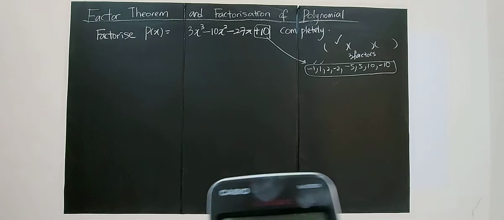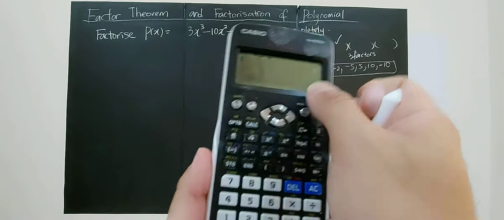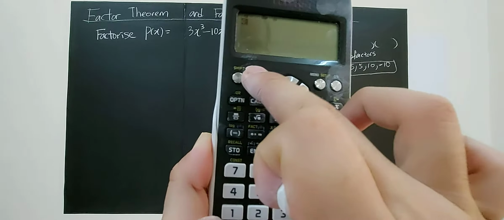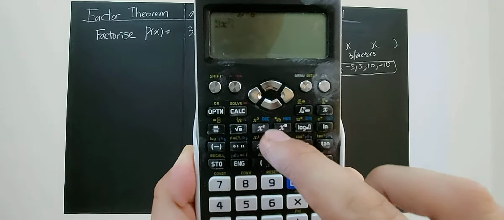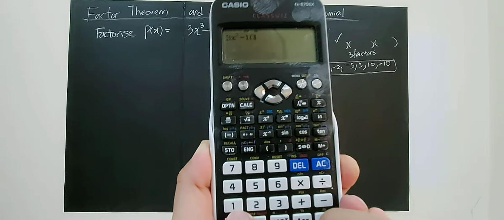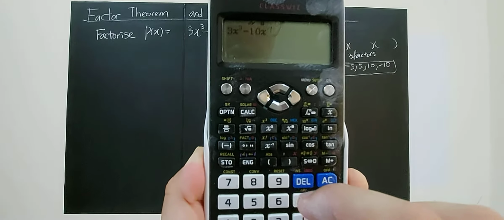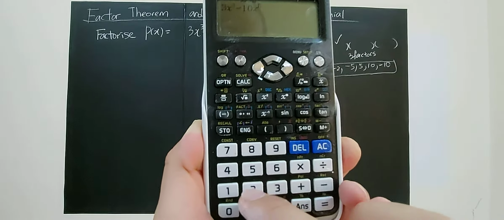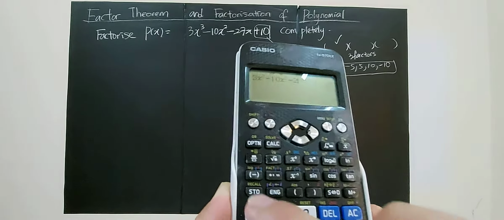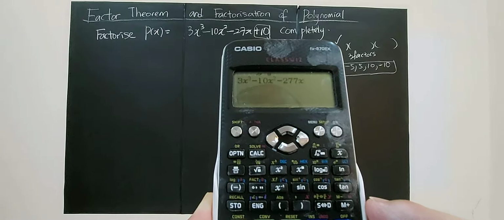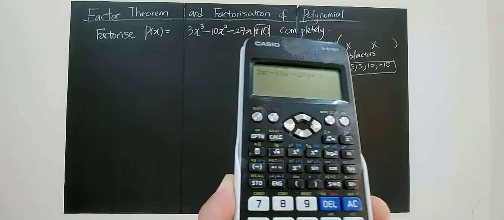I always use the calculator when I factorize. So I will key in this polynomial into the calculator. It'll be 3 alphabet x, shift cube, minus 10 alphabet x square, minus 27 alphabet x, plus 10.